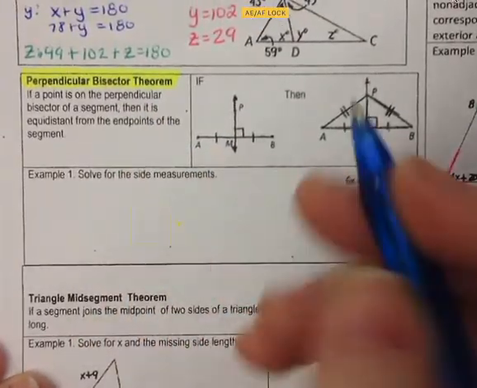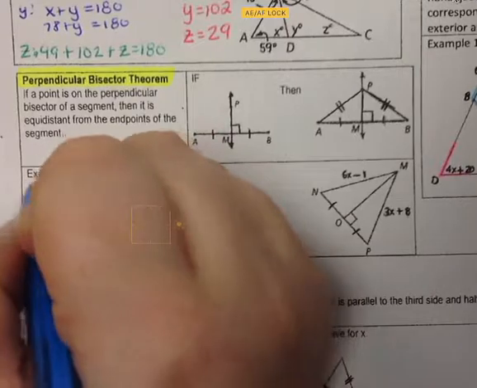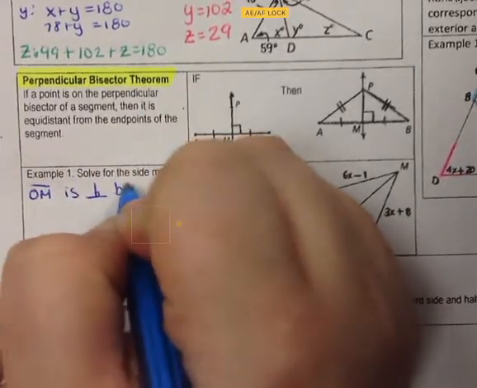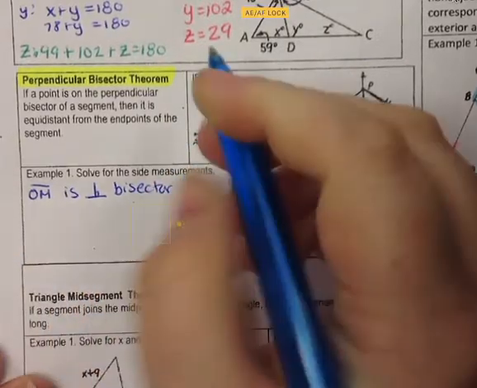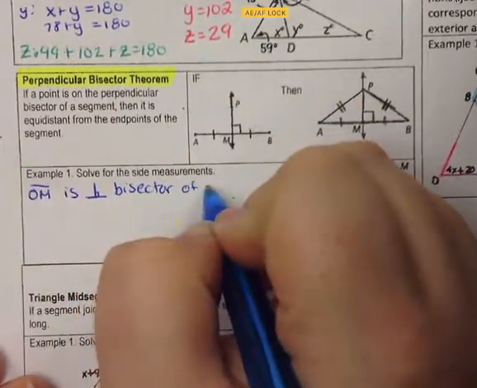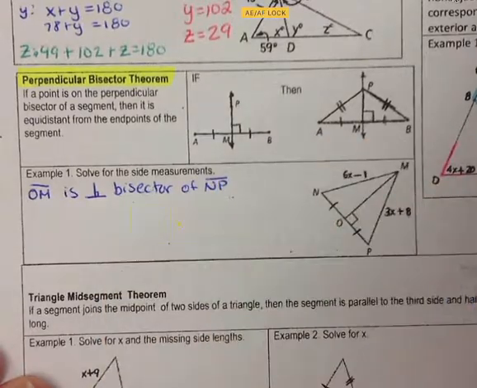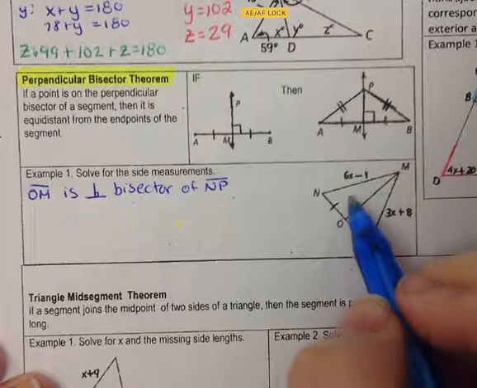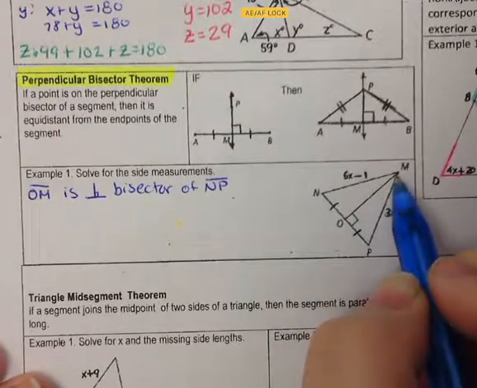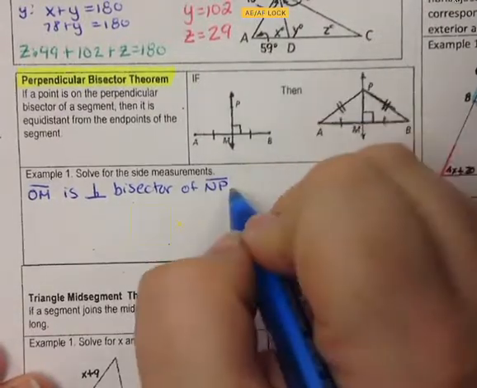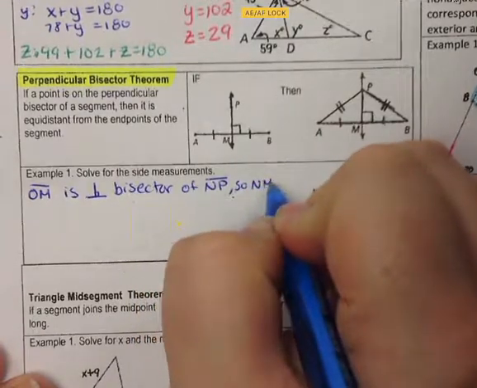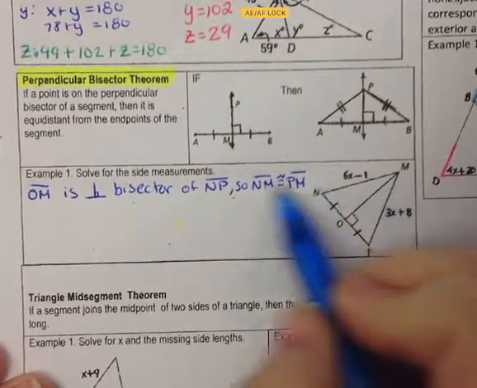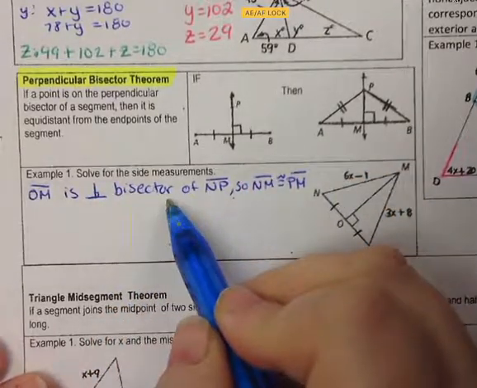Segment MO or OM, so segment OM is the perpendicular bisector of NP. So since it's a perpendicular bisector, we can then state that segment NM is congruent to segment PM, because it's the perpendicular bisector.